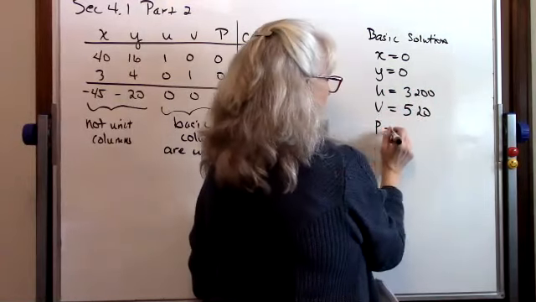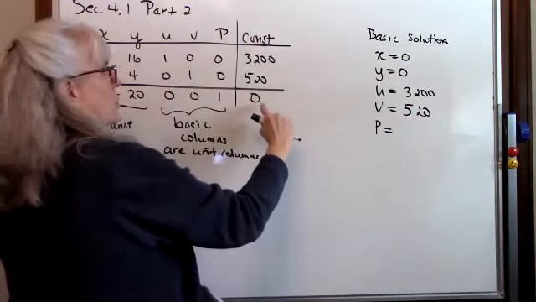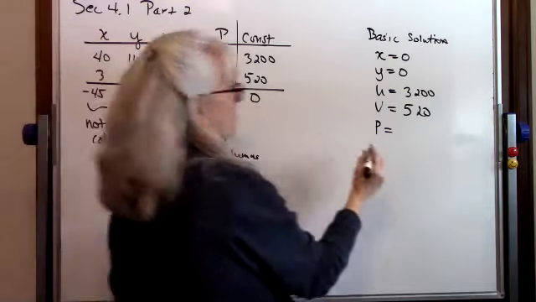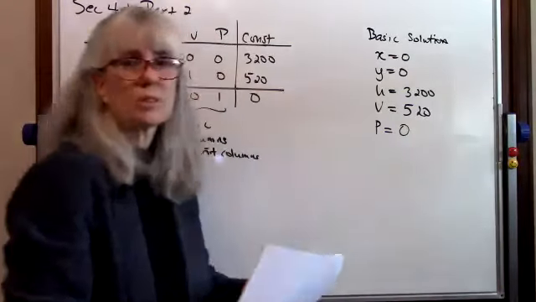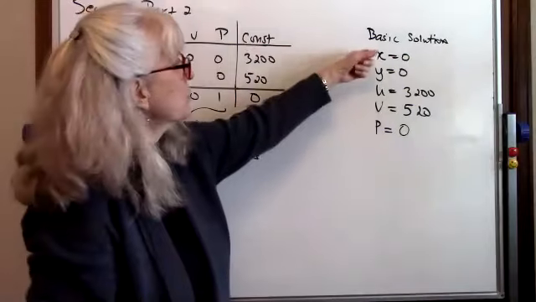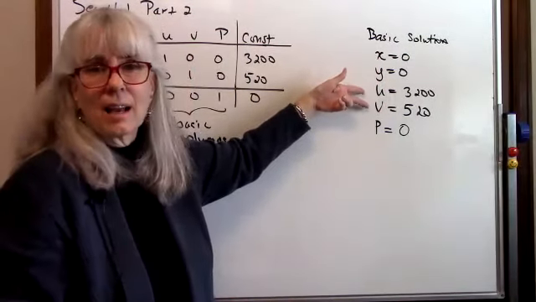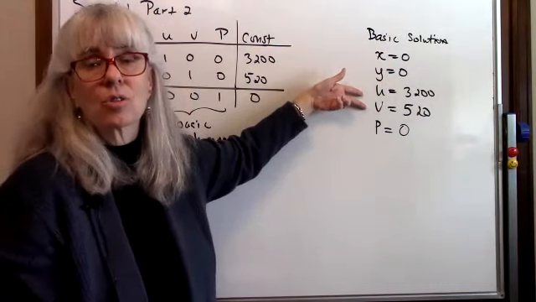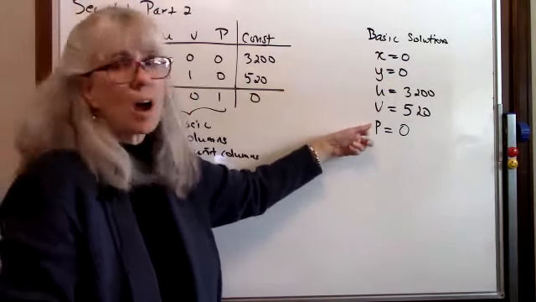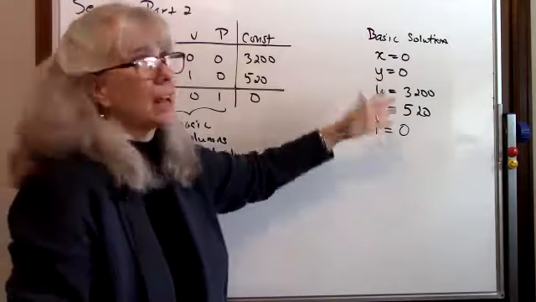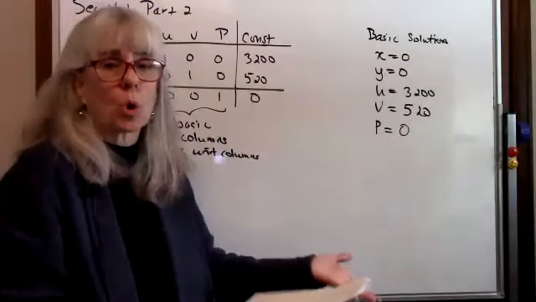Notice the profit's also a unit column already, so our profit would be equal to 0. This should make sense in terms of the dining tables and chairs. If you produce no tables and you have no chairs and all the slack is taken up by sitting in the warehouse, basically, of your labor hours and your board feet, then you're not making any profit. So the solution actually does make some sense in terms of the words.